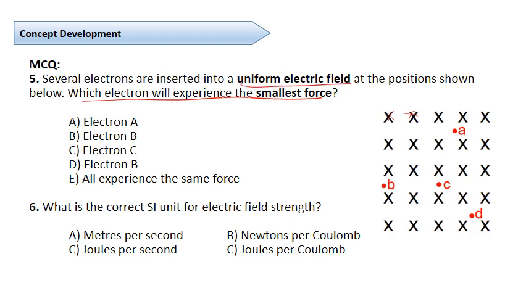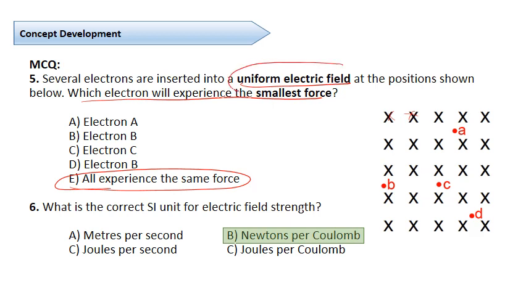Okay, they should all experience the same force, and the reason being is because they're in a uniform electric field which has the same strength throughout. That is, it is uniform. What is the correct SI unit for electric field strength? Now it's newtons per coulomb. Gave away the answer there.